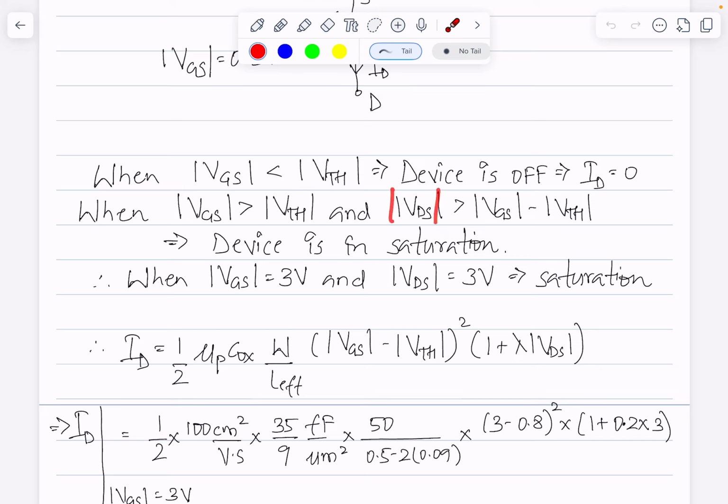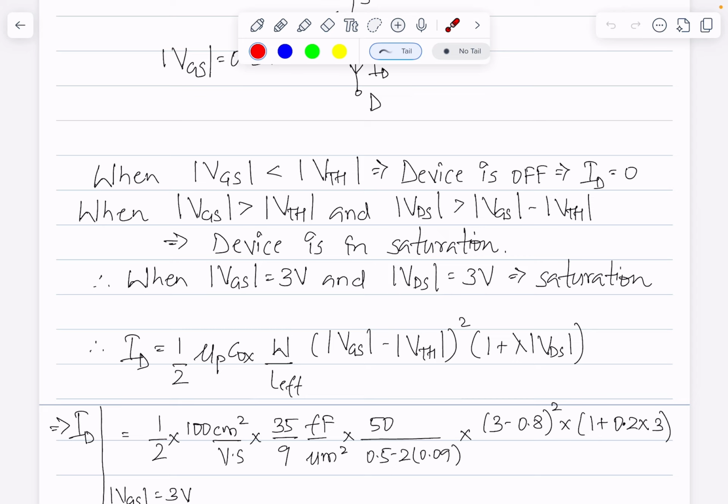Again, if you look at gate to drain voltage, if VGD of the FET is less than one threshold voltage, which is VTH, then the device is in saturation. Here VGS is 3 volts and VDS is 3 volts. So gate to drain voltage is essentially 0 volts, which is less than one threshold voltage for the PFET, which is 0.8 volts.